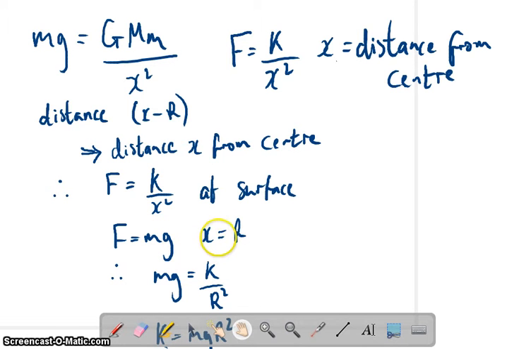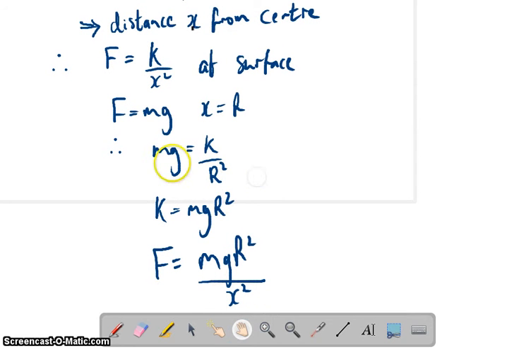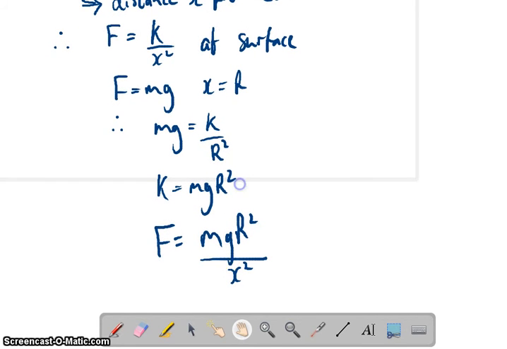We can set x equal to the radius of the Earth, which is what puts us at the surface. We put those in, and then we can redefine this constant k as mg r squared. Now doing that helps us to get rid of some other constants and gives us a new definition for the force.